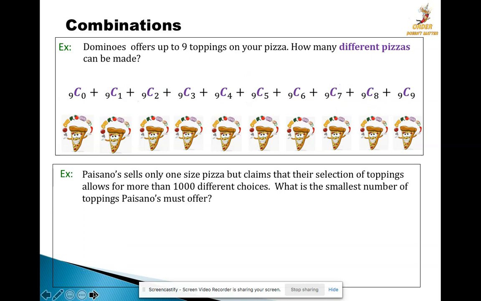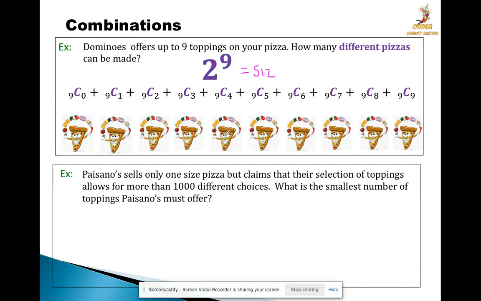On your calculator, I want you to also type that. What? You get the same thing, don't you? Whoa. That's kind of cool.